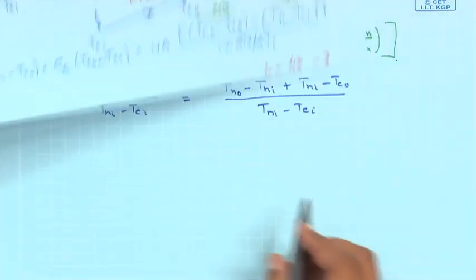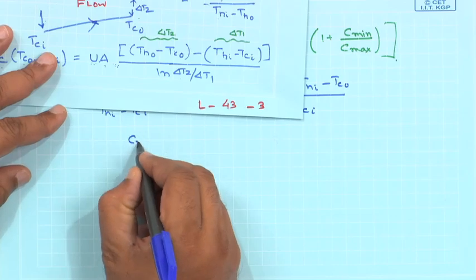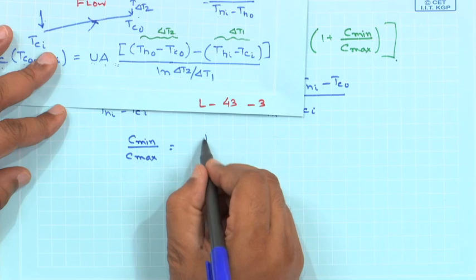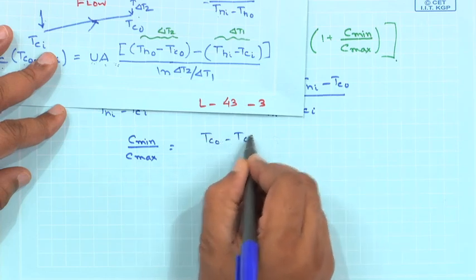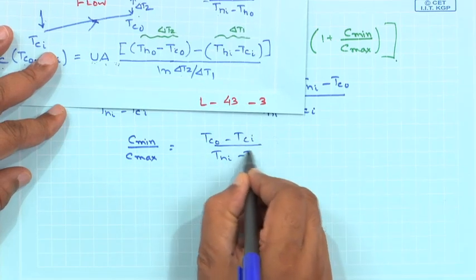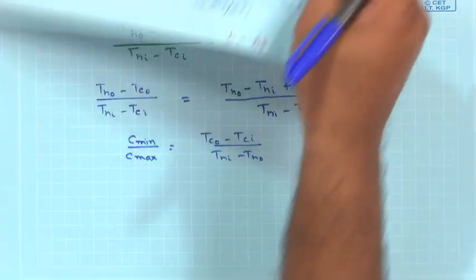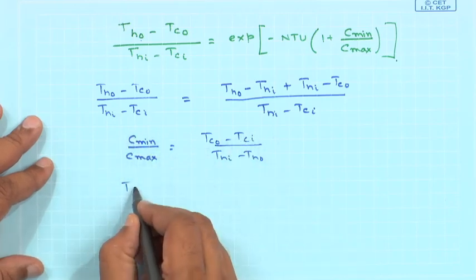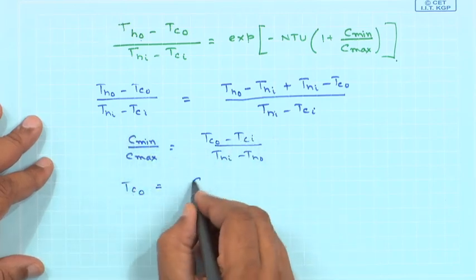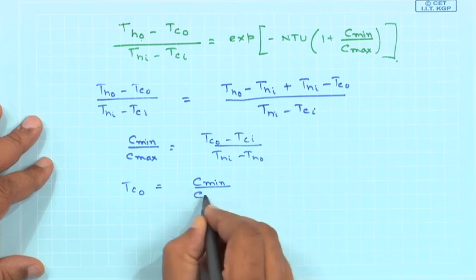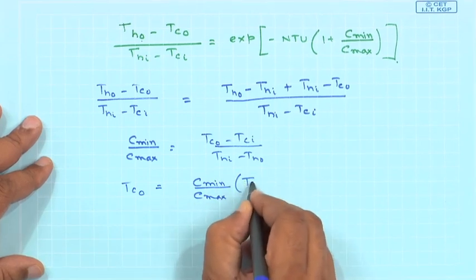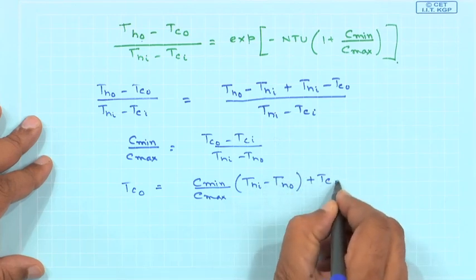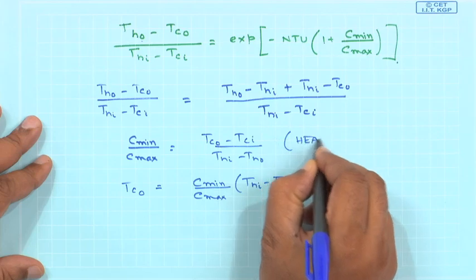So C minimum by C maximum is equal to TCO minus TCI by THI minus THO. This is simply a heat balance. So from here, TCO would be equal to C minimum by C maximum times THI minus THO plus TCI.